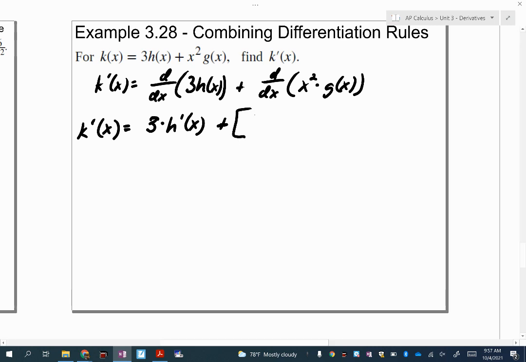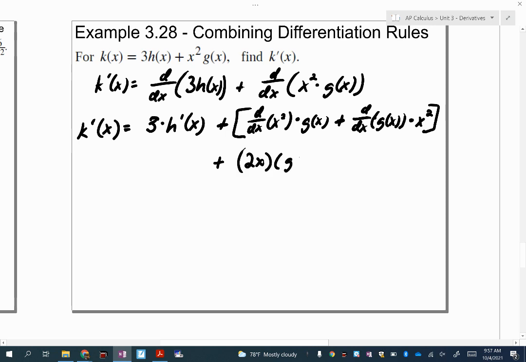I've got d/dx of x squared times g of x plus d/dx of g of x times x squared. Okay, so let's do the work there. The derivative of x squared is 2x, so that's 2x times g of x plus the derivative of g of x, which is g prime of x, times x squared.